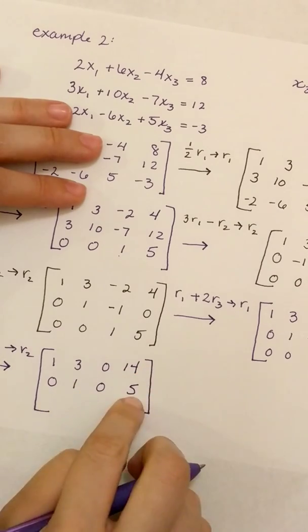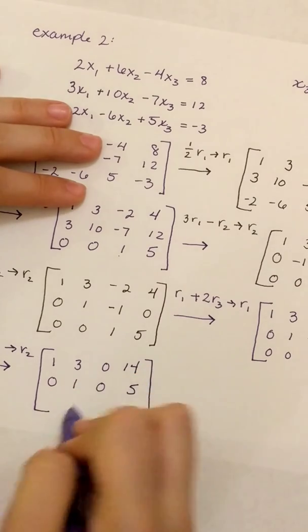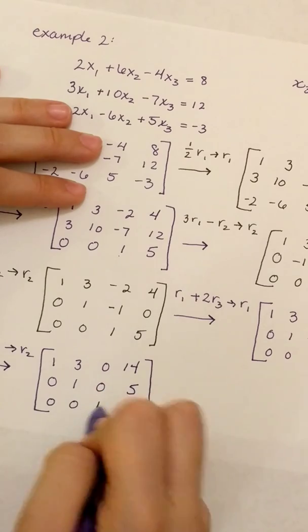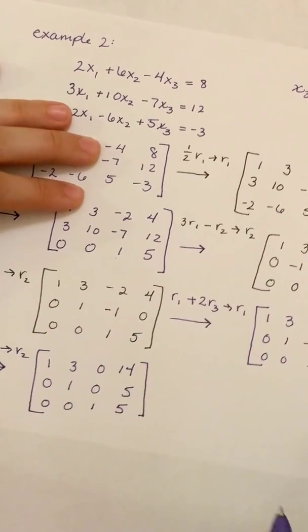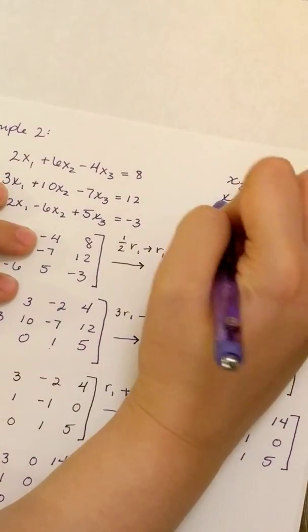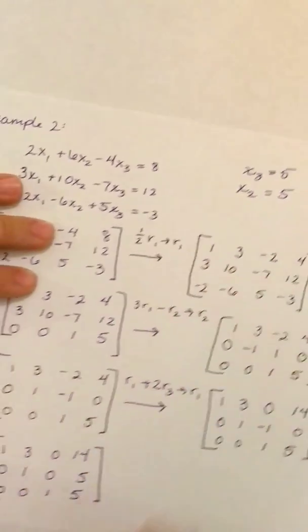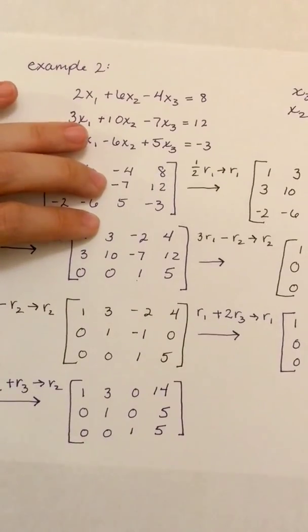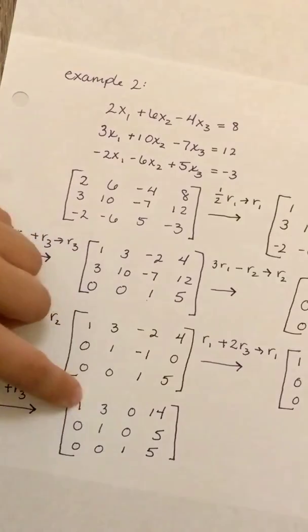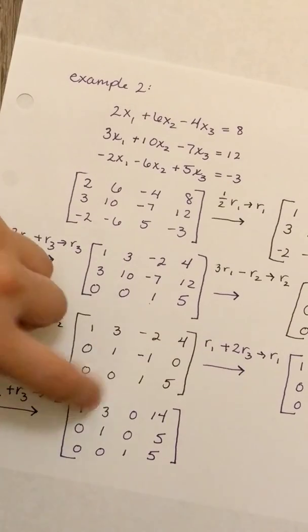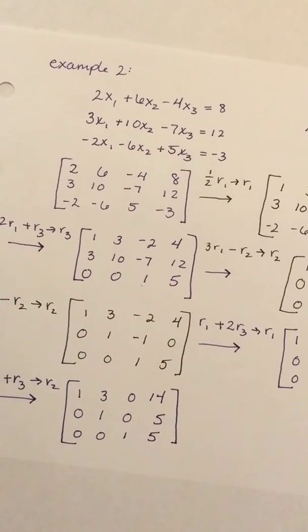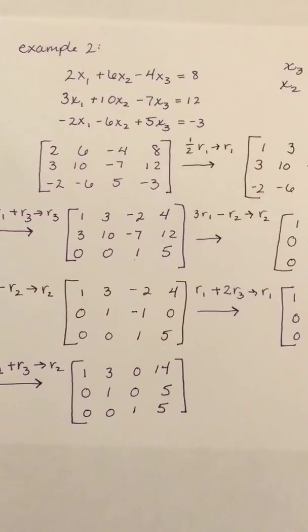So now I have my second part of my solution. I also have that x2 is 5. And so from here, I could just plug in and I get my answer, but I'm going to go down and get my reduced row echelon form.